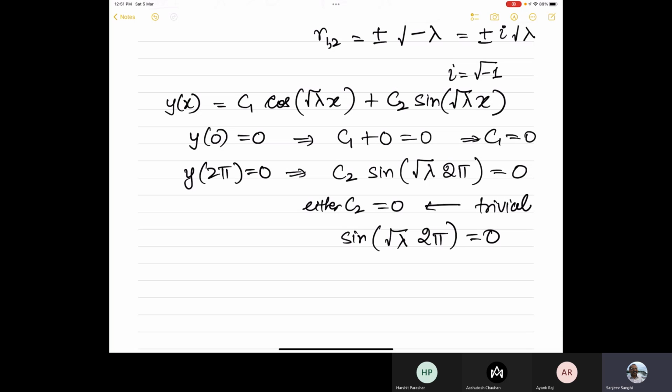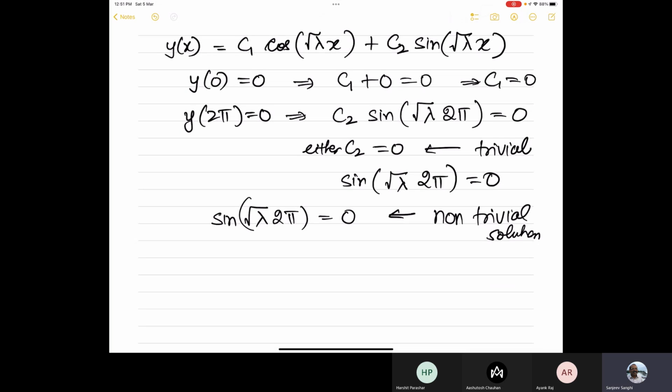But the second one will give us sine of square root of lambda times 2 pi is equal to 0. This is the non-trivial solution. And what this tells us is square root of lambda times 2 pi must be equal to n pi, with n going from 1 to any integer.